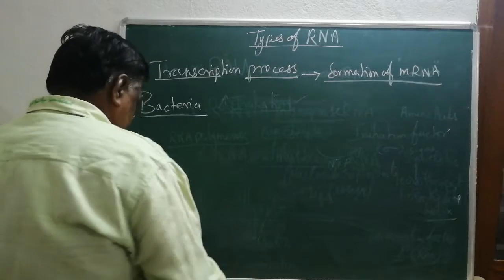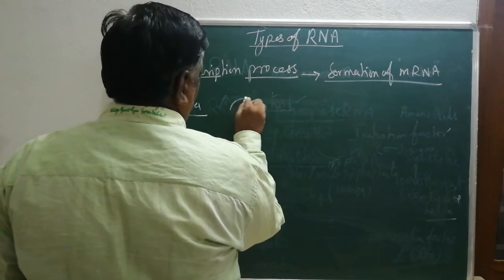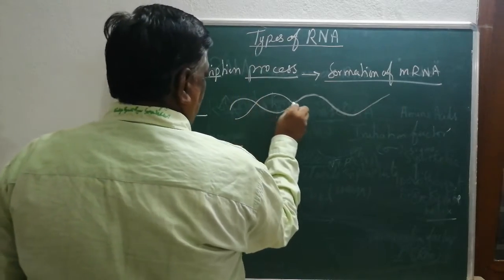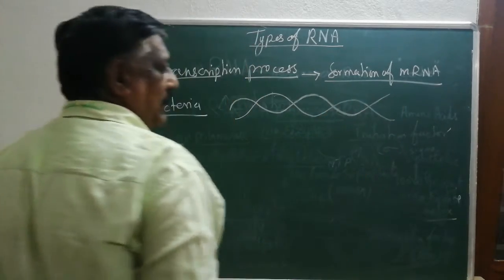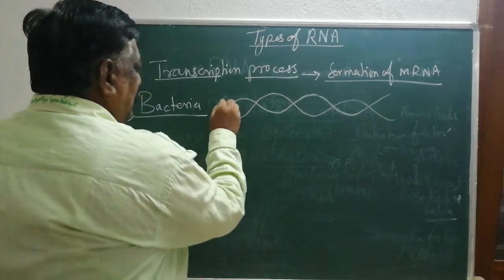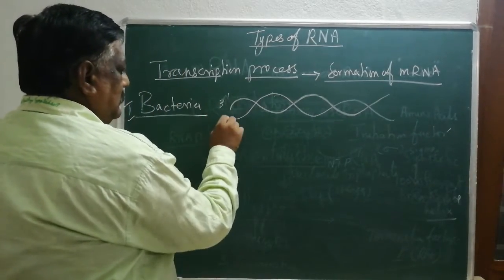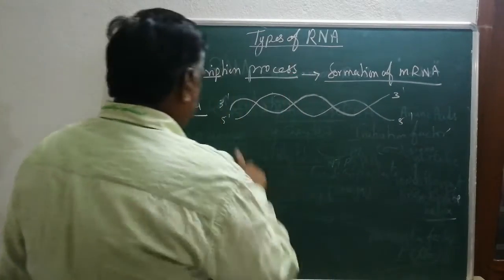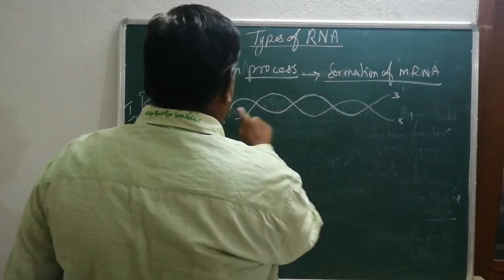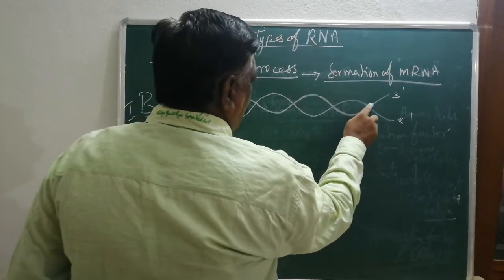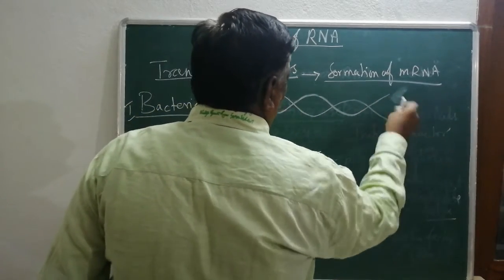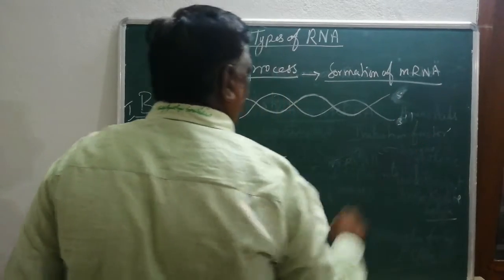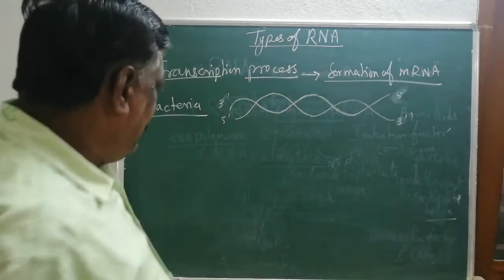So 3 diagrams I will do, right? Okay, this is 3, this is 5. So this is 3 and this is 5. Because you see, that means this is 5 and this is 3. Okay, this is how the DNA is.